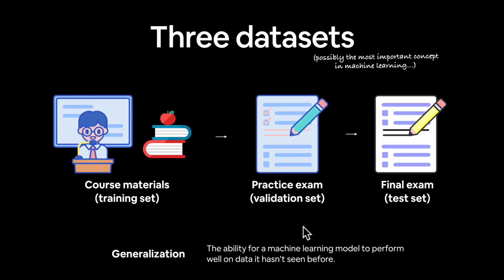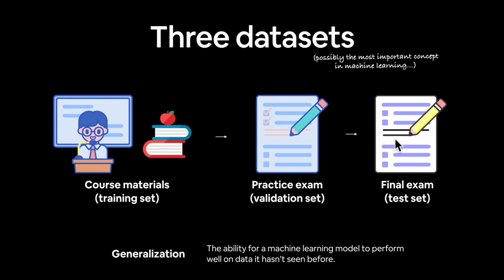And what we're going for here with the 3 data sets, the training, validation, and test set, is generalization. This is the ideal state we want our machine learning model or deep learning model to be in: the ability to perform well on data it hasn't seen before. If you've learned the course materials well throughout the university semester, you should be able to perform well on the final exam, something you haven't seen before.